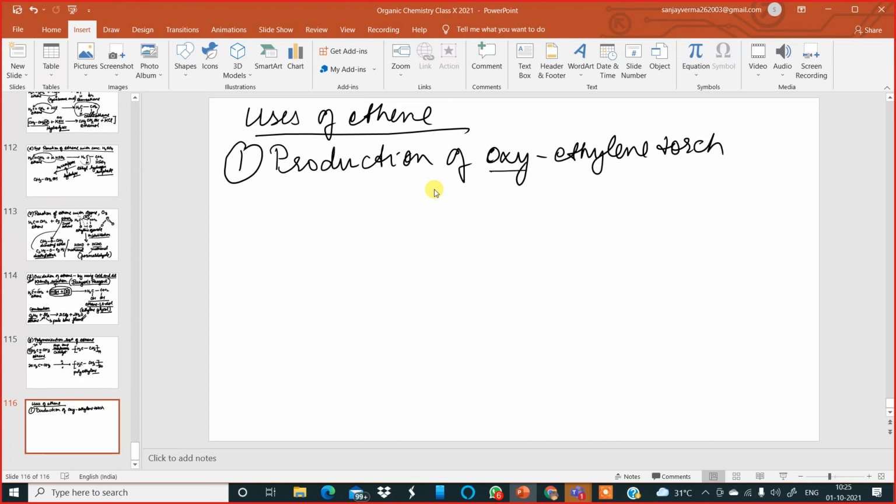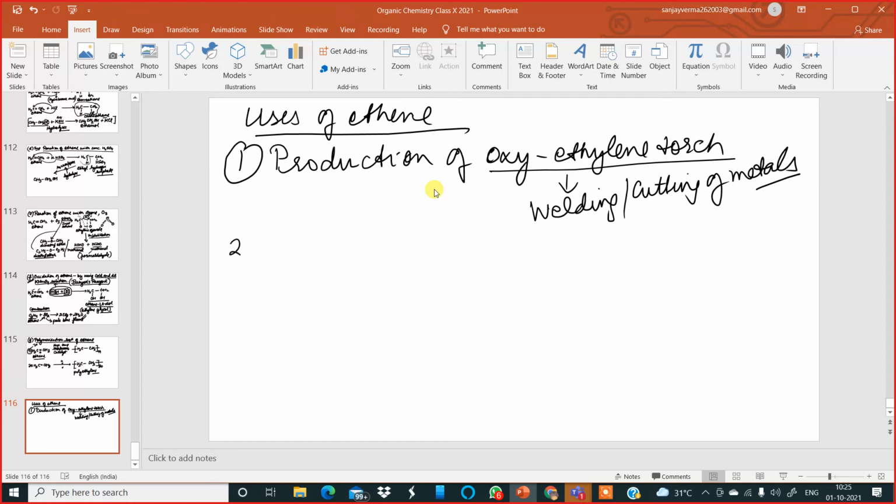It is used for welding and cutting of metals. That is the first use of ethene, to produce the oxyethylene torch, because the flame formed by this torch is very high, approximately above 3000 degrees Celsius.